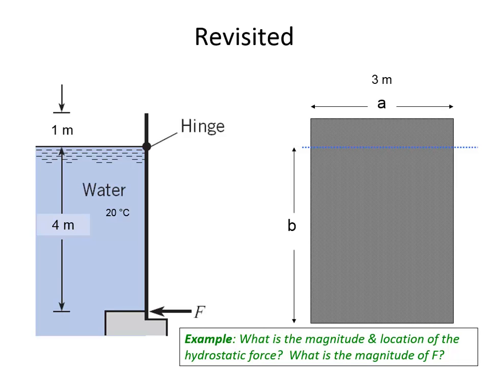So the steps, I'd like you to attempt this on your own. The steps that you're going to need to go through to calculate the magnitude and the location of F is, first of all, remember that we identify a few of the dimensions.